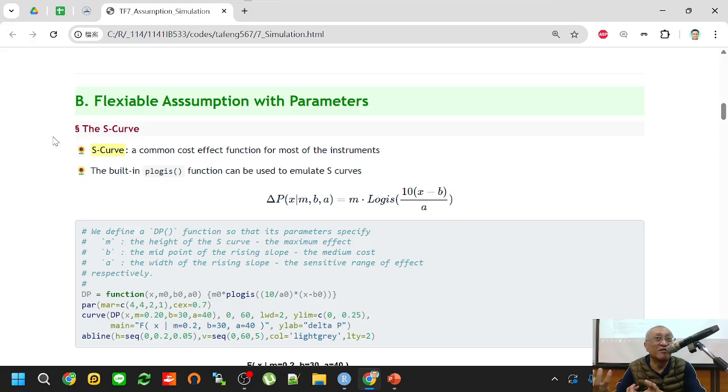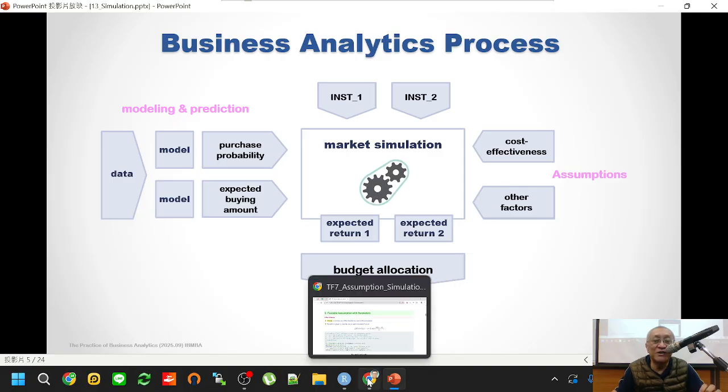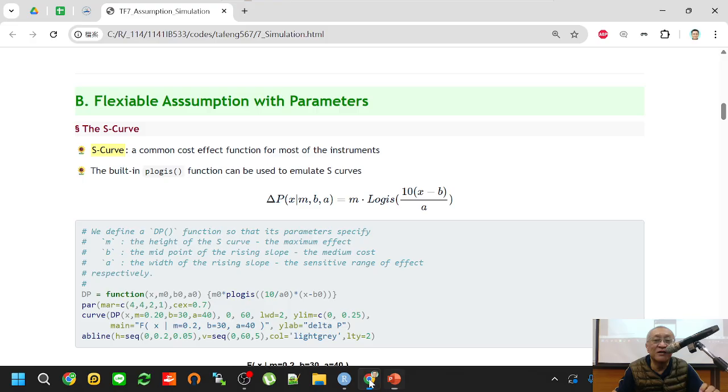in prediction. But now, I told you that today we are going to do this part, and in order to do simulation, you need to make assumptions first. You want to make an assumption about the cost effectiveness of a marketing instrument.